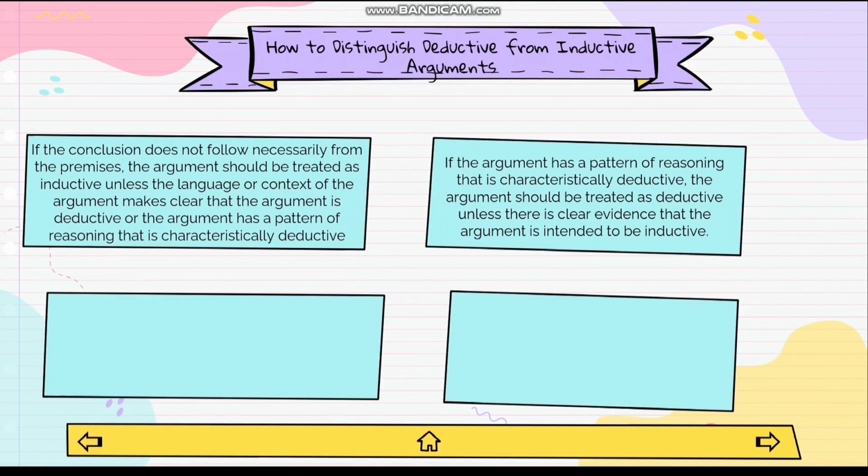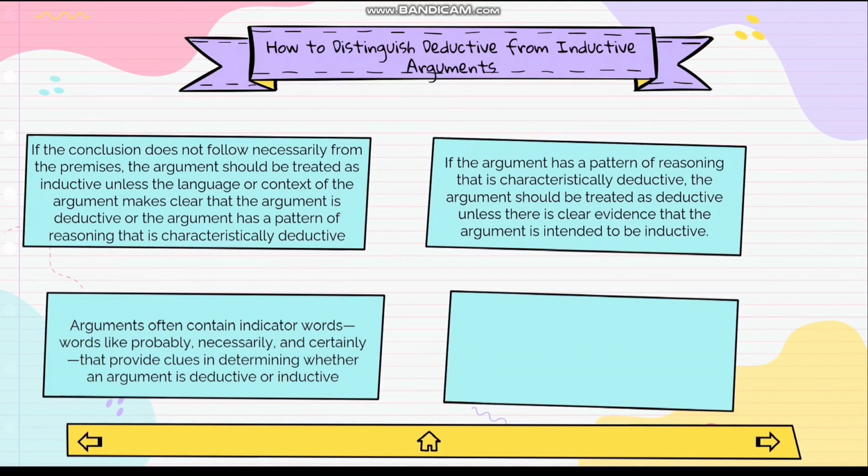If the argument has a pattern of reasoning that is characteristically deductive, the argument should be treated as deductive unless there is clear evidence that the argument is intended to be inductive.